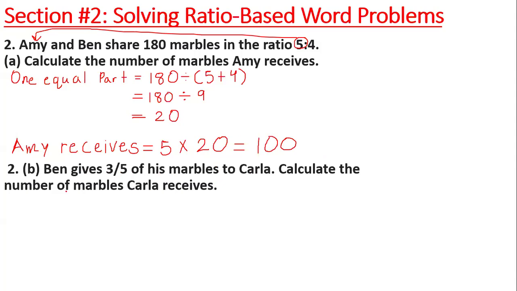So what's the first thing we're going to do? Find out how many marbles Ben received. 180 take away how much Ben got? 180 minus 100. And that's going to be equal to what? Ben got 80.